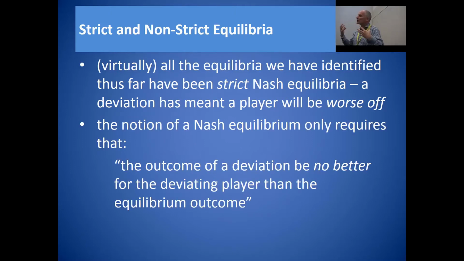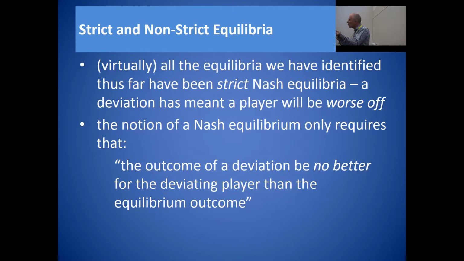That all that's required for a Nash equilibrium to exist is that players have no incentive to deviate. What does this mean? Well, if you deviate, if you choose a different strategy and you get exactly the same payoff, do you have an incentive to deviate? No. Now, if you're worse off, you obviously don't have an incentive to deviate.